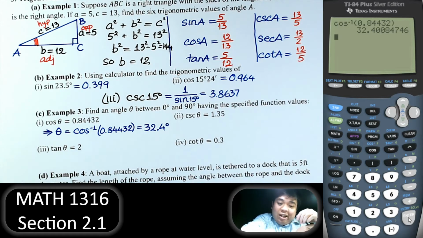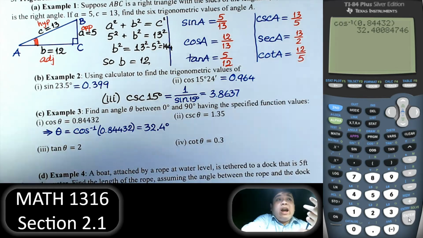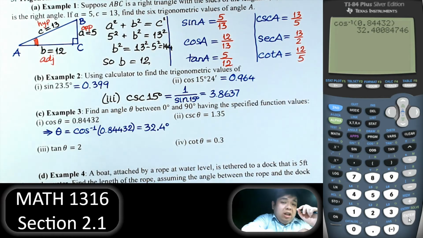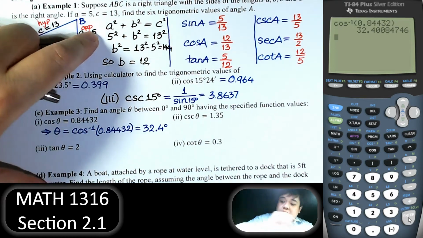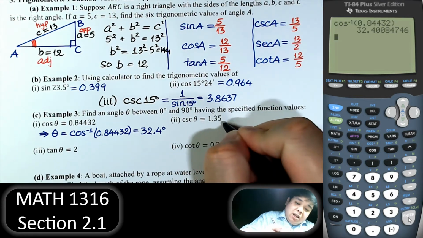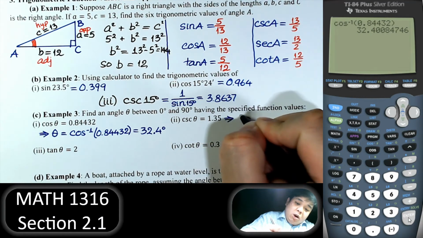Next, cosecant is equal to 1.35. Notice that we do not have secant, cosecant, and cotangent in the calculator. The inverse, we don't have that either. So cosecant, we have to rewrite this as the reciprocal function: cosecant is 1 over sine.